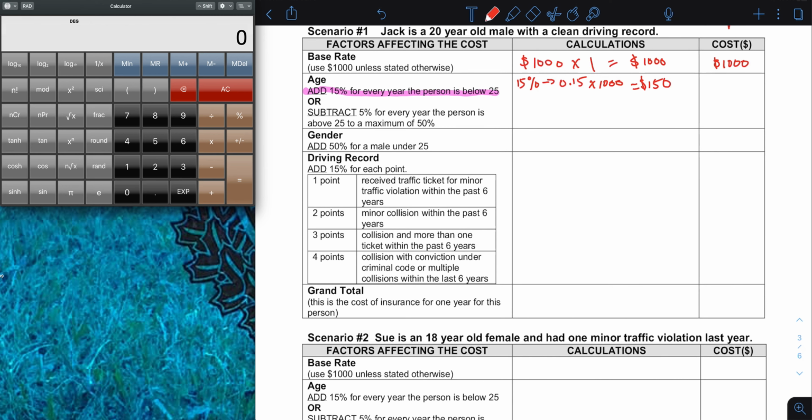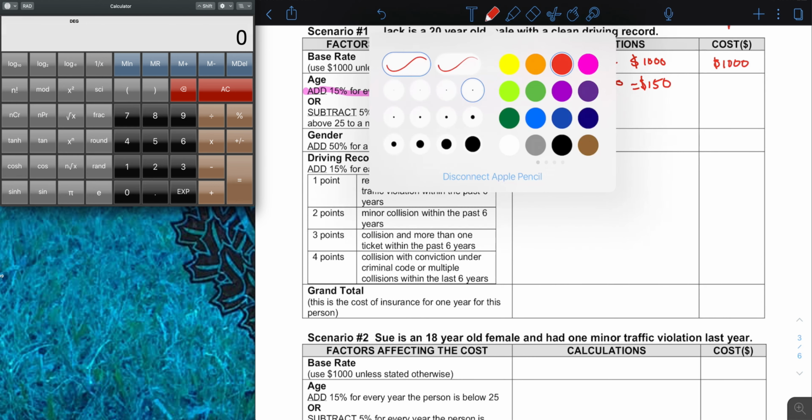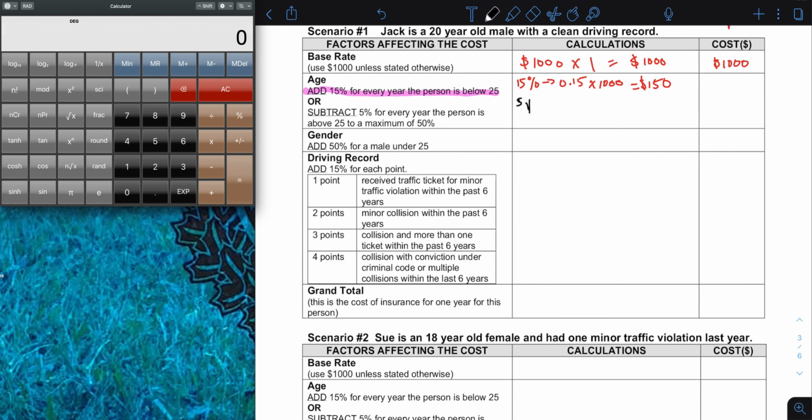Once you're 25, you kind of top out, and your insurance rate kind of locks itself in at a lower rate relative to what you would be at 20 years old. Because Jack is 5 years under 25, because he's only 20, you're going to take the 5 years and multiply by 150, which is going to be $750.